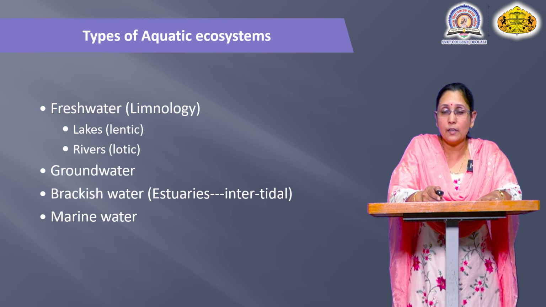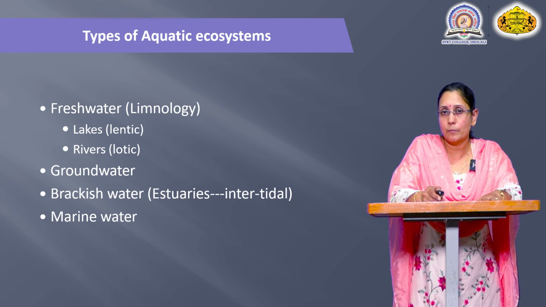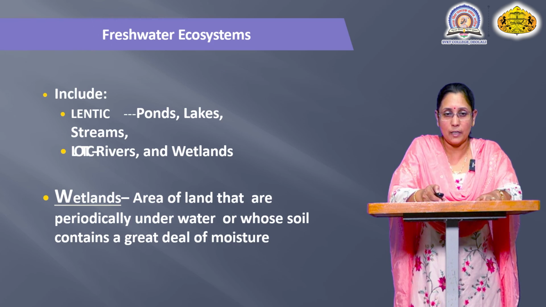So here different kinds of flora and fauna, and different biotic and abiotic factors can be seen in this brackish water. And marine water is totally different from fresh water. So all these types of ecosystems: fresh water, groundwater, brackish water and marine water. Details of this we will see in the next lecture.